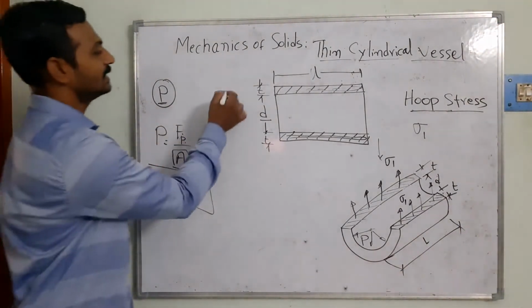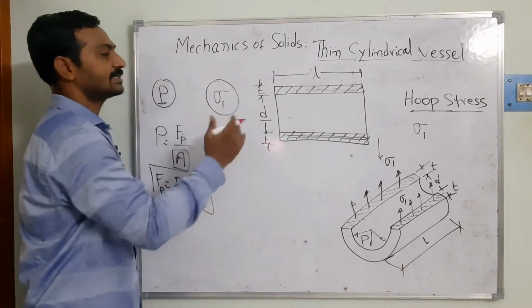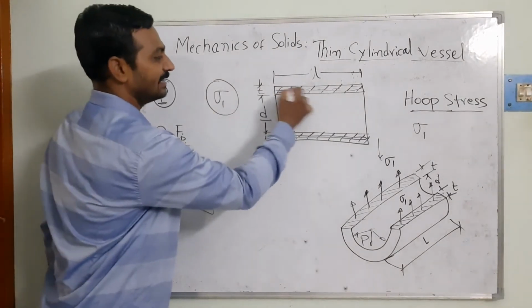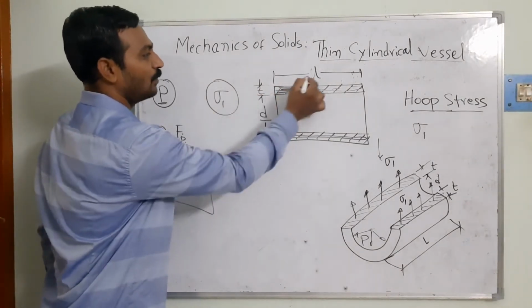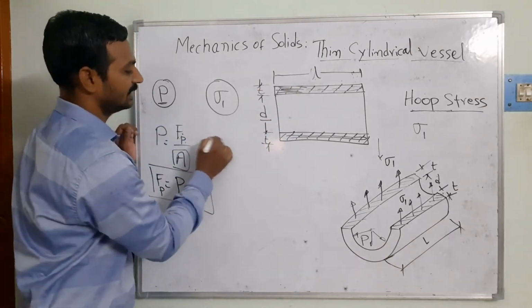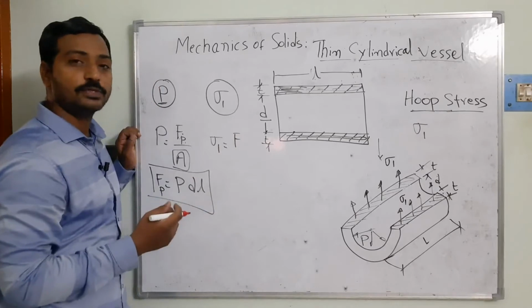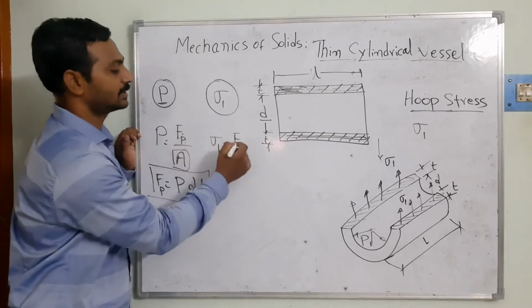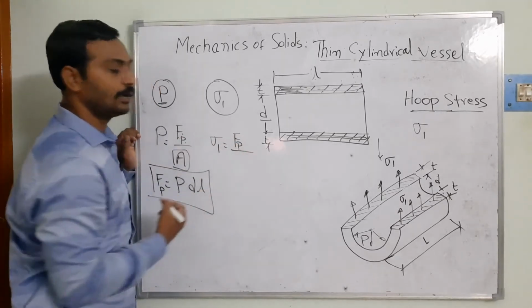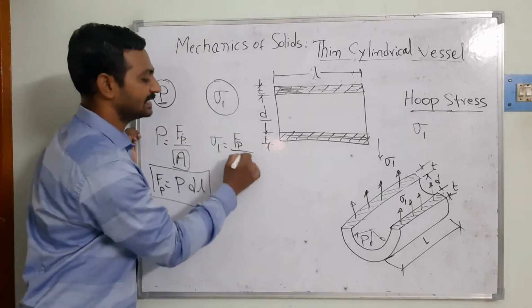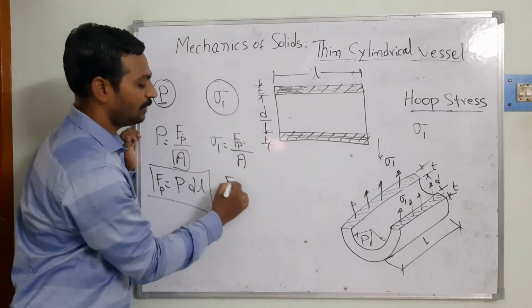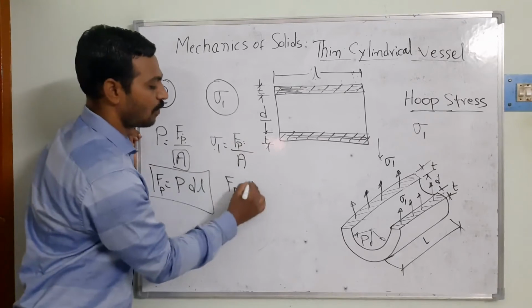And similarly, sigma 1, I am going to say these are the stresses developing inside the material, over the thickness T and over a length of L. So sigma 1 is equal to the force developing, the forces coming because of the fluid pressure, over the area we are considering. So Fp is equal to sigma 1 into area.